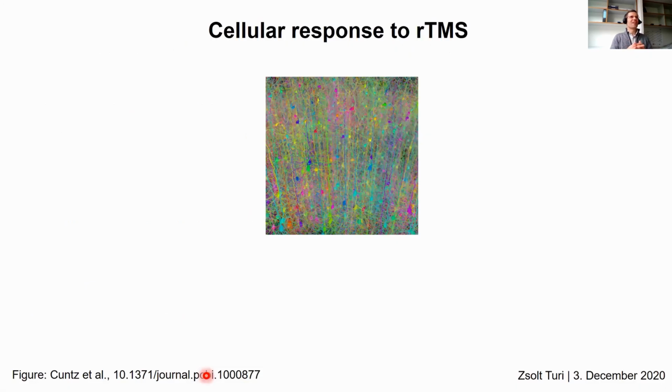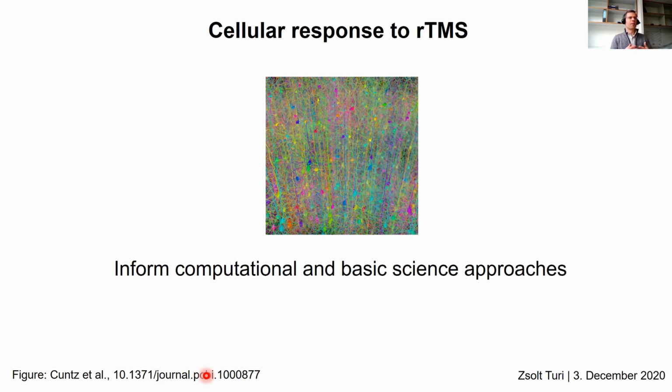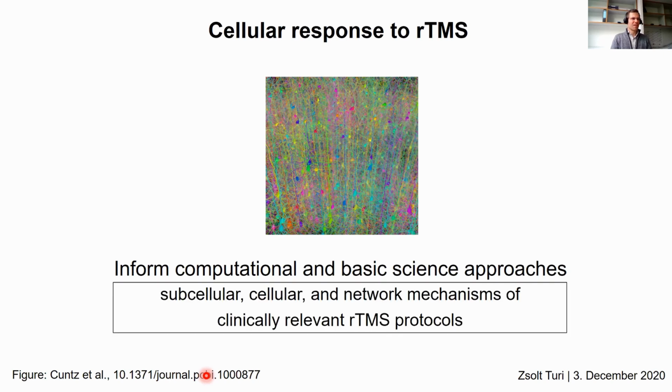So at the very end, we would like to understand the cellular response to rTMS, and measuring motor evoked potentials is very useful, but this will not necessarily lead us to this understanding, because we need to apply computational and basic science approaches to better understand the neuronal and cellular mechanisms of rTMS. And there, for example, in a brain slice experiment, 90% of the motor threshold is very hard to translate to a useful stimulation intensity.